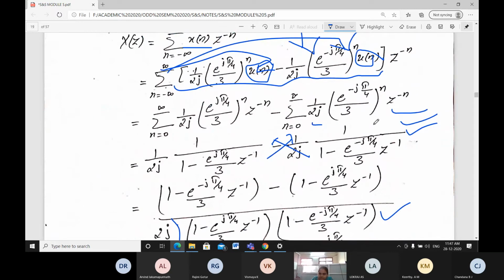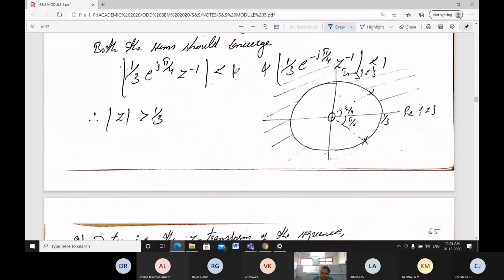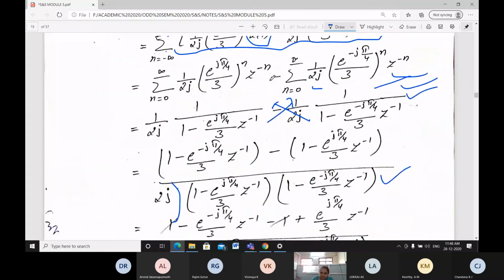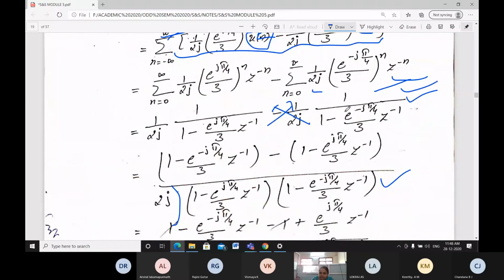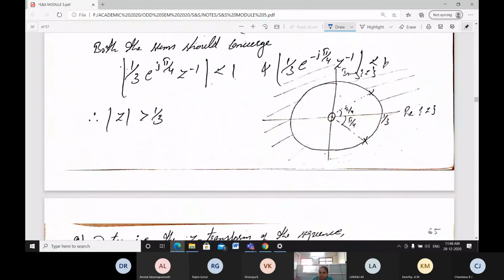Then both sums should converge, which means you have to check the condition here. After substituting, you will be getting that e raised to j pi by 4 divided by 3 into z inverse is less than 1. Then e raised to minus j pi by 4 divided by 3, z inverse is again less than 1.